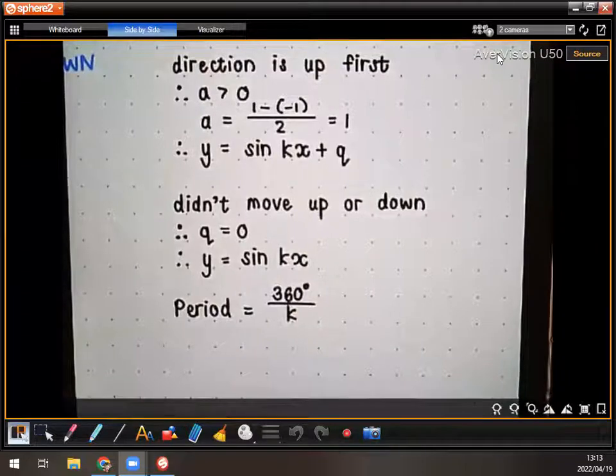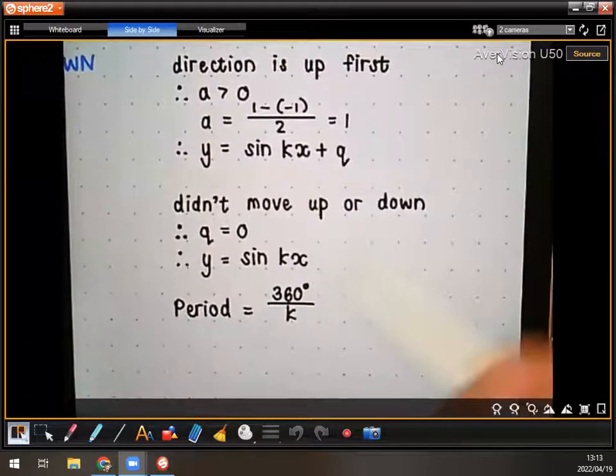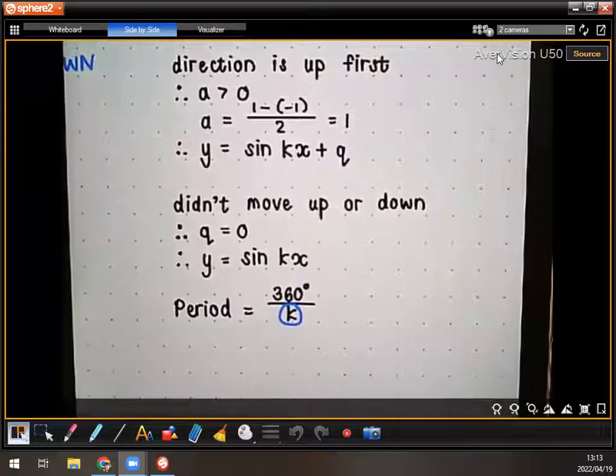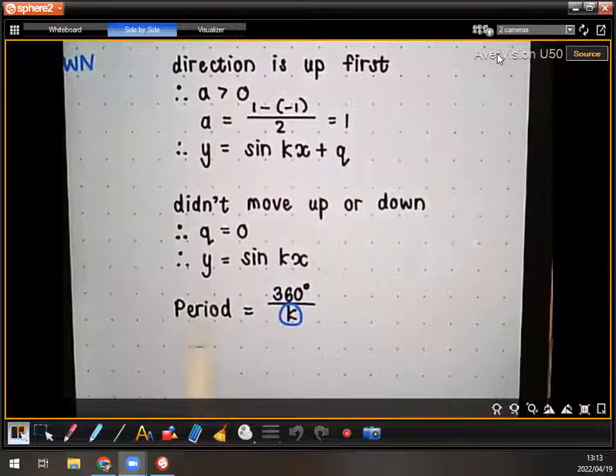If there is no k value in front of it, then we say we're taking the original period, the normal period, which is 360, and we're dividing it by that k. So guys, now we want to find k. So what we're going to do is figure out what the period of the graph is, and put it here in the place of period. We're going to write that value, and then we're going to solve for k. It's like an equation that we're solving for x, but now we're just solving for k.